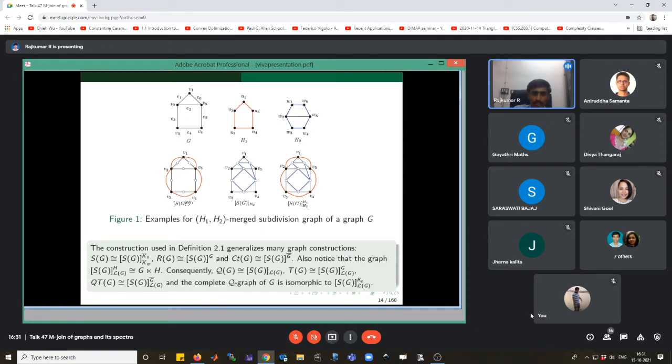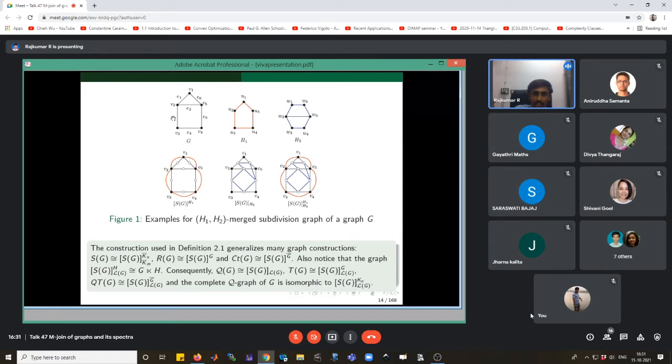To construct this, first we subdivide this graph G. So S(G) is given here. Then in the original vertices we merge this graph H1. Then the H2 part is nothing but merging the graph H2 with the newly added vertices, the white colored vertices.